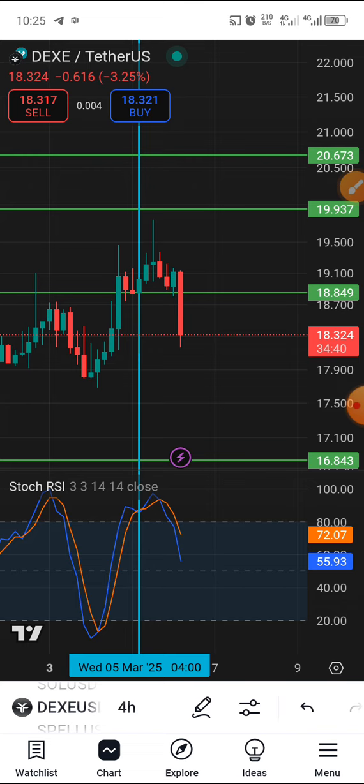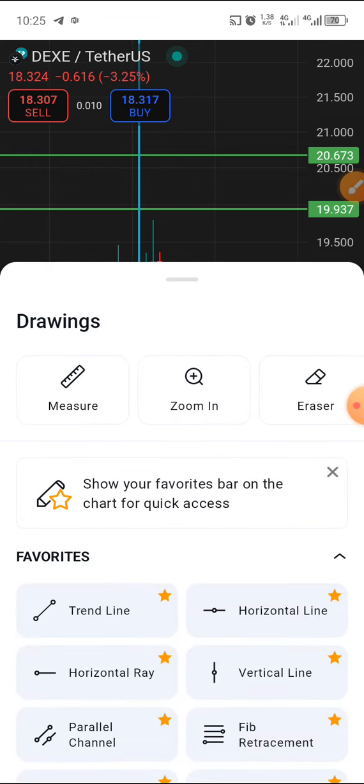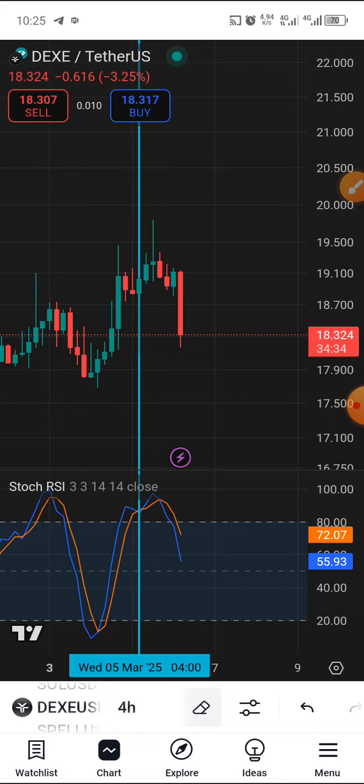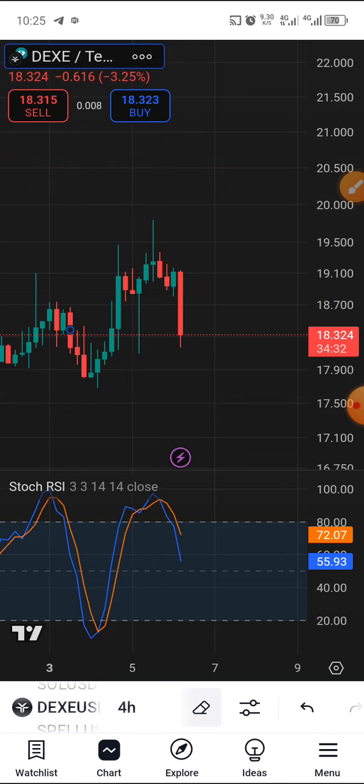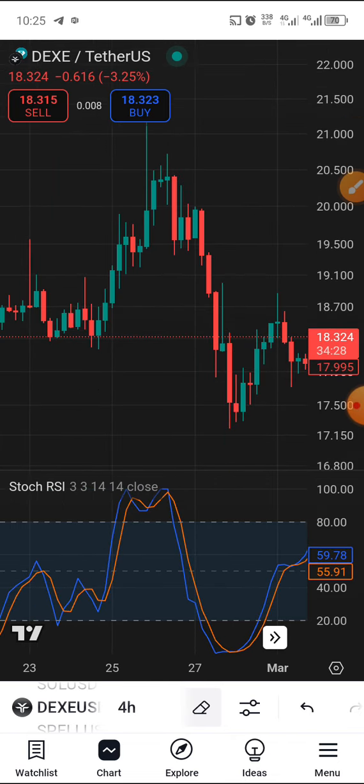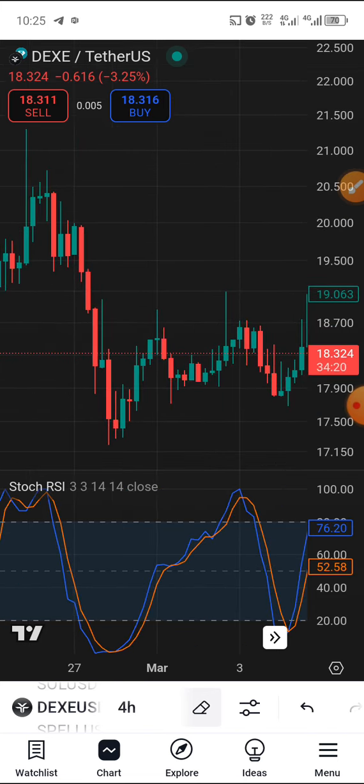So allow me to first remove all these drawings, and we start by drawing them, how to get a confluence and how to be at least 75% sure that our trade will deliver.